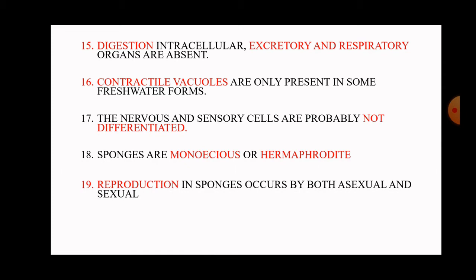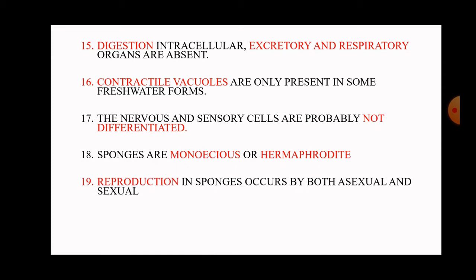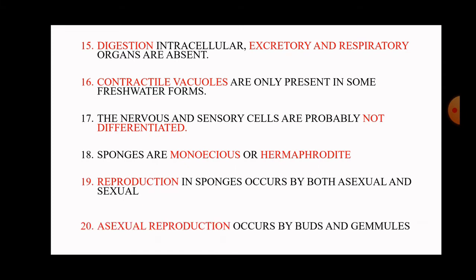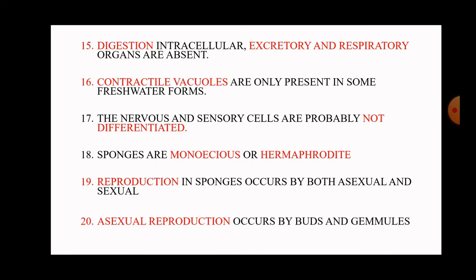Reproduction in sponges occurs by both asexual and sexual means. Asexual reproduction occurs by buds and gemmules, and sexual reproduction occurs by ova and sperms.